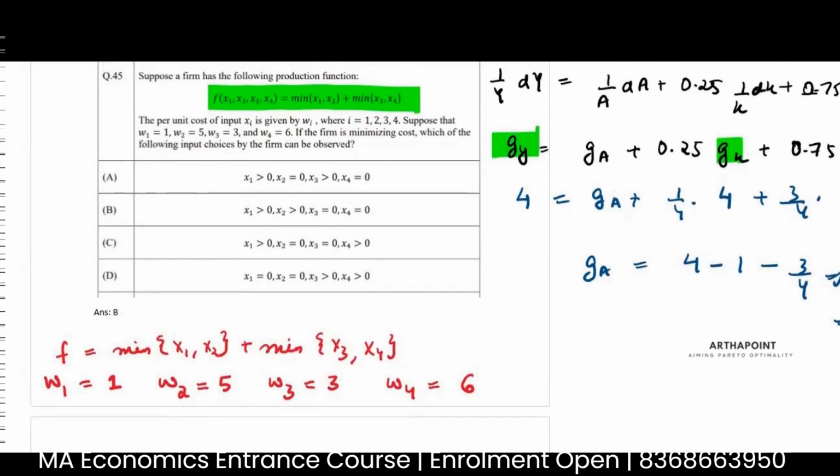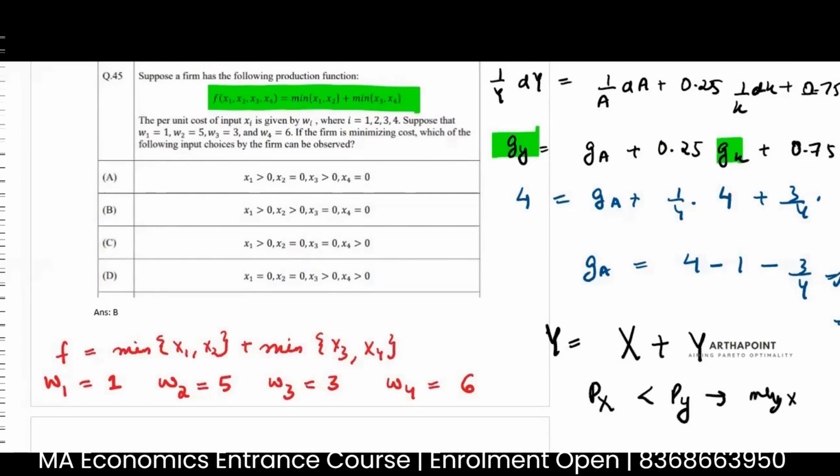See, when I talk about a production function which gets added like this, when I say y is equal to x plus y, then if the price of x is less than y, I will use only input x.